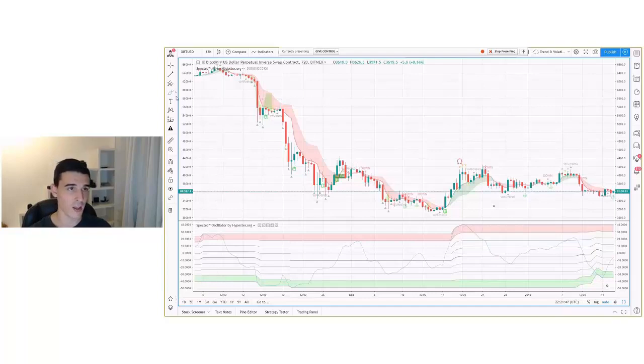For instance, you don't have to be a genius to see that this is a big downtrend. A lot of people try to trade this move, this and this. For me, it's insanity. The only one that's not insanity, in my opinion, would be this move.